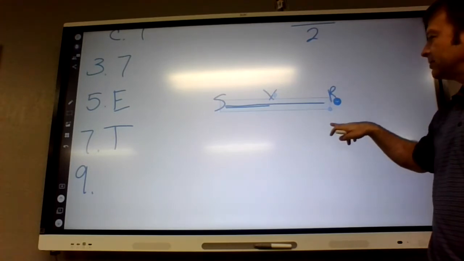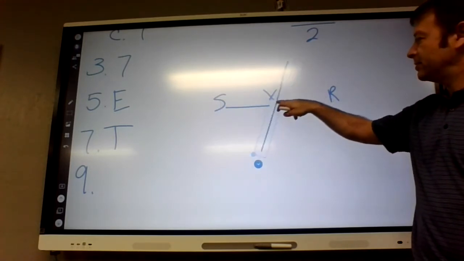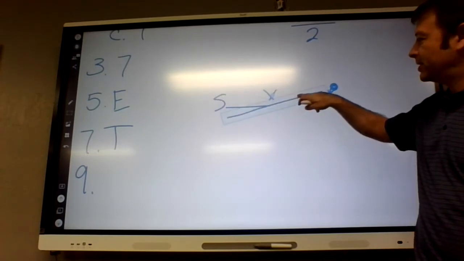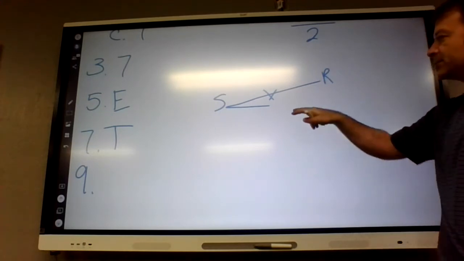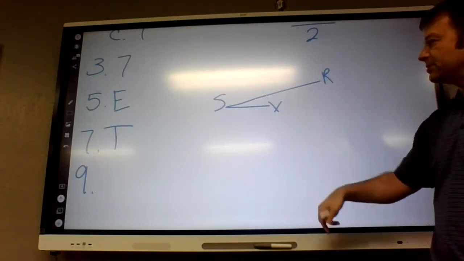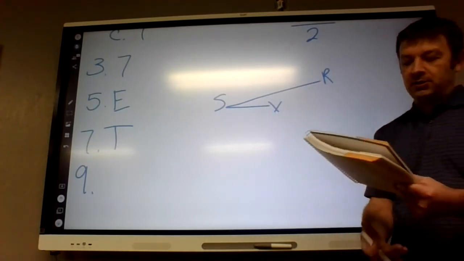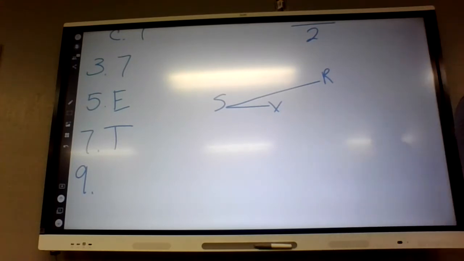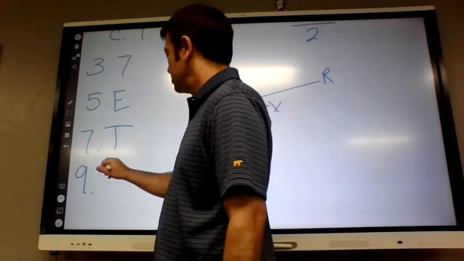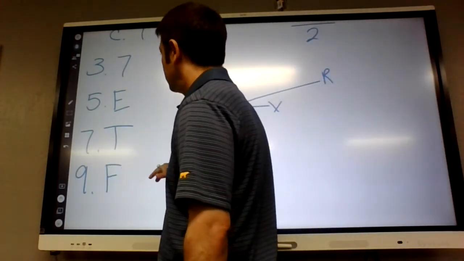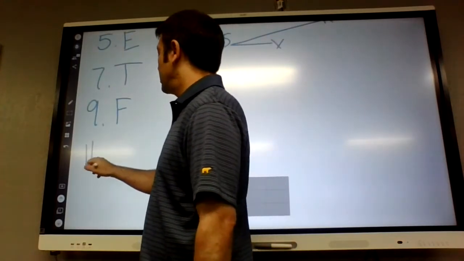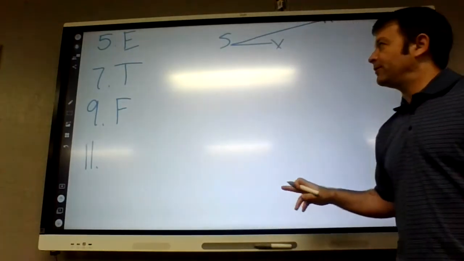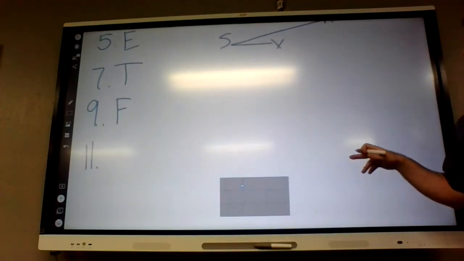Yeah, it could be at an angle like this. So is X the midpoint in that case? No. So yeah, it's kind of a trick question, so number 9 is false. We have to know for sure that X is on that line. It has to be between the two.